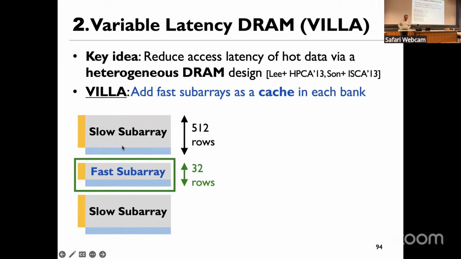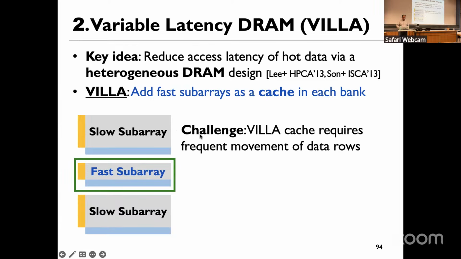You can have slow subarrays and also fast subarrays in your bank. The fast subarrays are subarrays that have shorter bitlines. This baseline has also been proposed in other works, like Son et al. in ISCA 2013. But in this paper, in LISA, we showed how we can quickly enable this architecture, or benefit from it, using the LISA substrate.